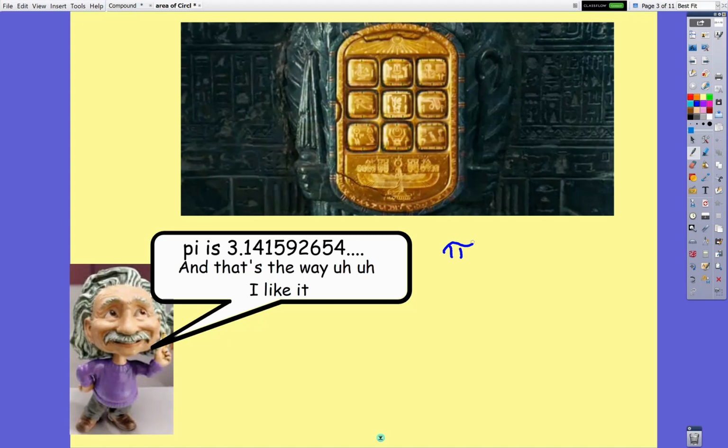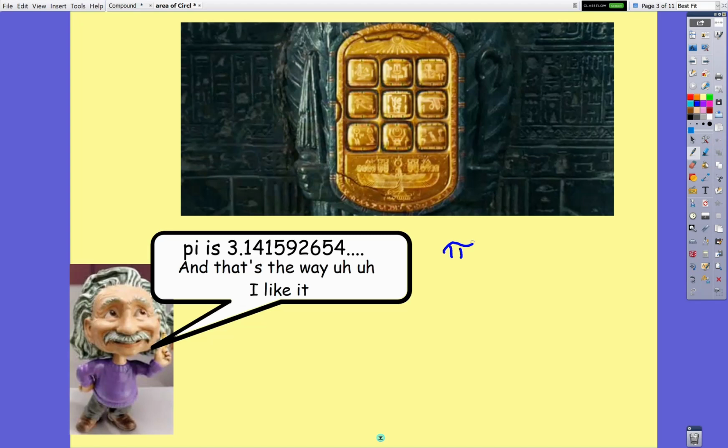Press that and you should get the pi symbol. If you hit equals, on my calculator I get the pi symbol again. Now I don't want that, I want to be more precise. So if you press the button which looks like an S-D, it now converts it to a decimal. That button is going to be very crucial for you today, so make sure you press the S-D button.